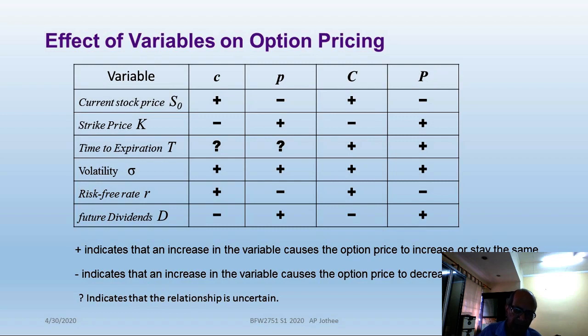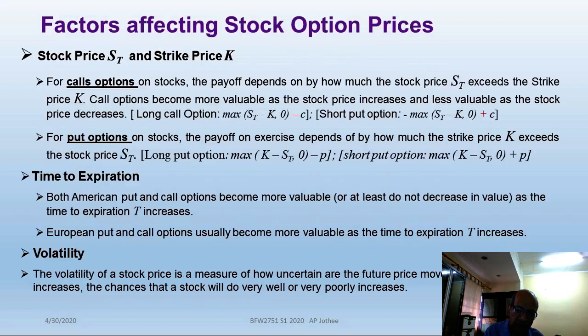If the dividend is declared, then the prices may fall further. Then for a put, if the price falls further, there's a higher chance of exercising and you have to pay out larger. So it's a positive effect there. So you can see how these things affect, and we will see in the next few slides how these things affect.